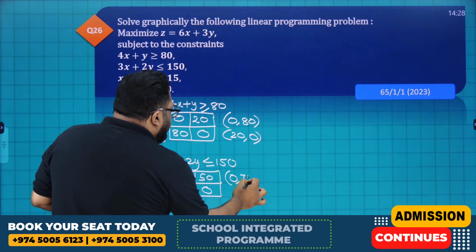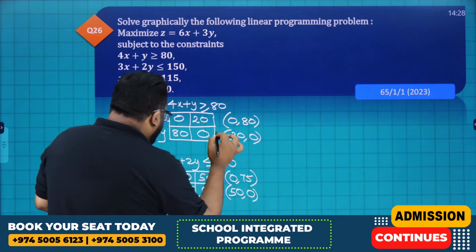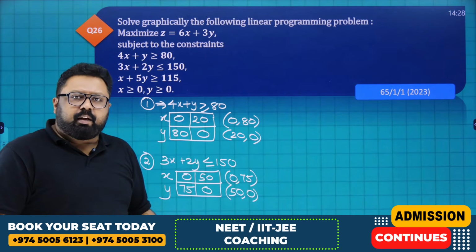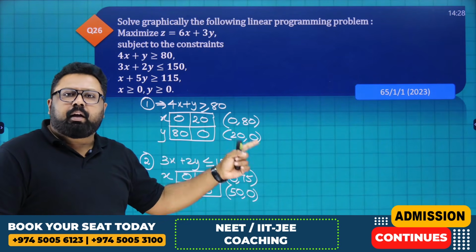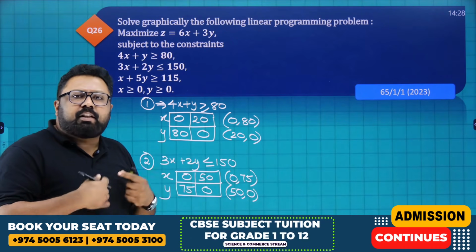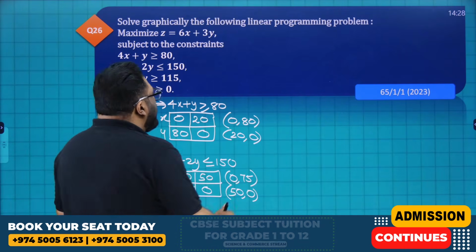The points are (0, 75) and (50, 0). I told you so many times in the previous video why I'm numbering the equations. It's always very easy to draw the diagram and always very easy to find the missing points of intersection.